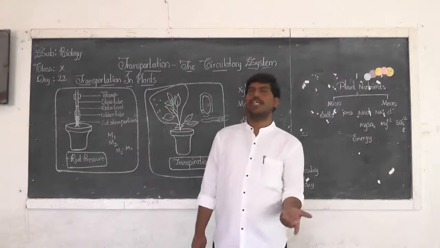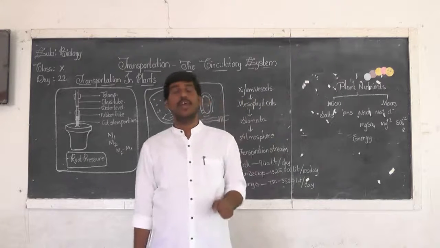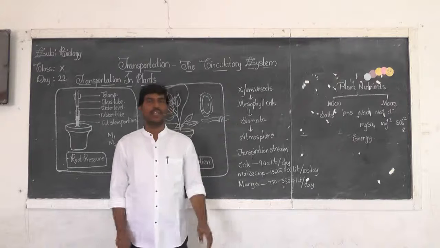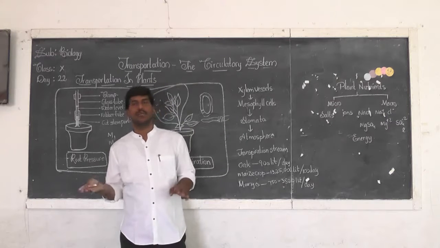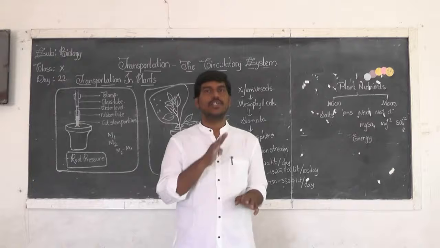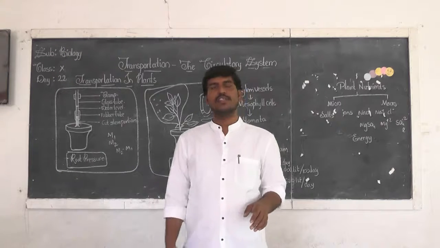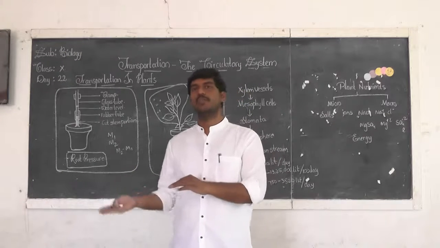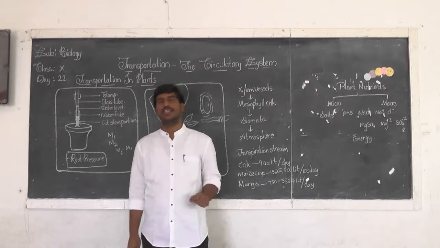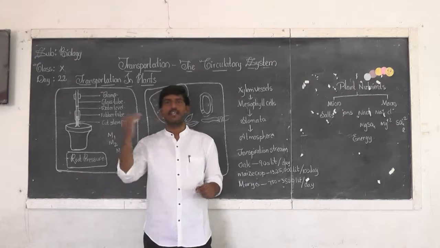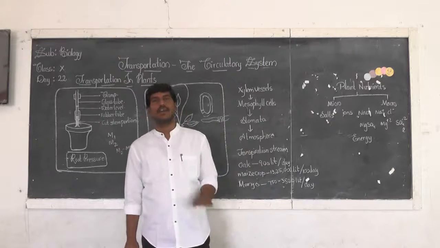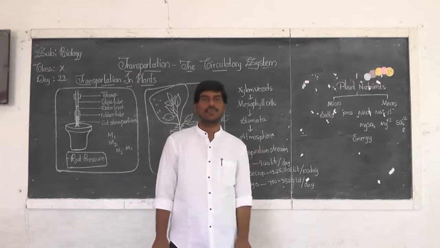And this absorption is not a simple diffusion process. Diffusion is nothing but movement of molecules from higher concentration to lower concentration. When molecules move from higher to lower concentration, it doesn't require any energy. Directly they are going to move. But here, these ions are not absorbed in such a manner.